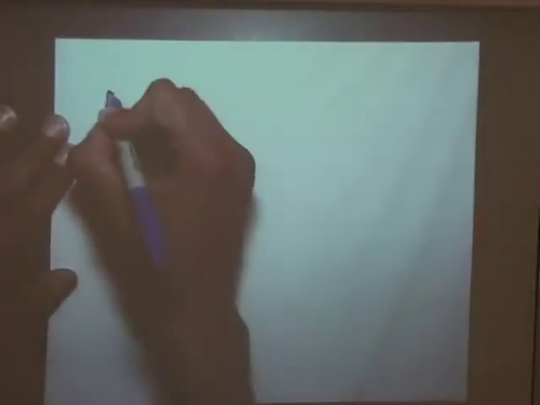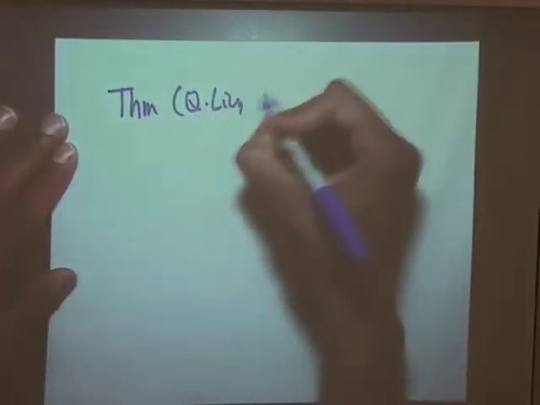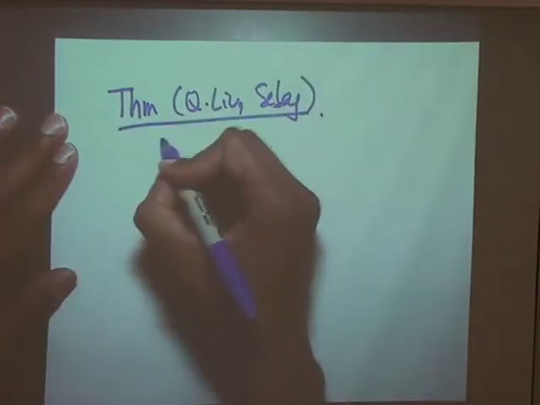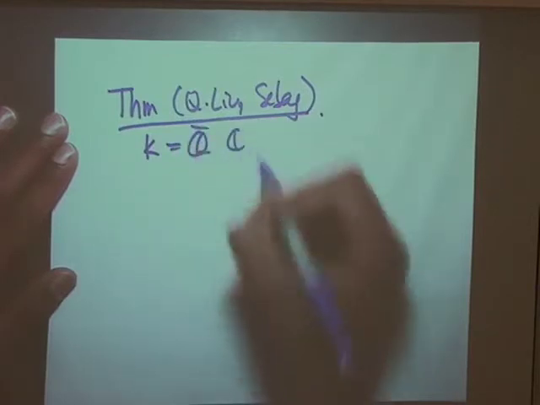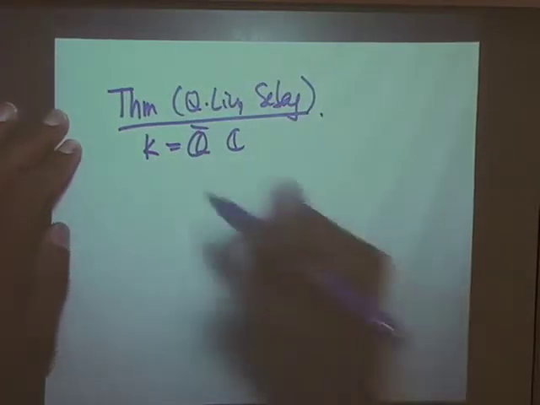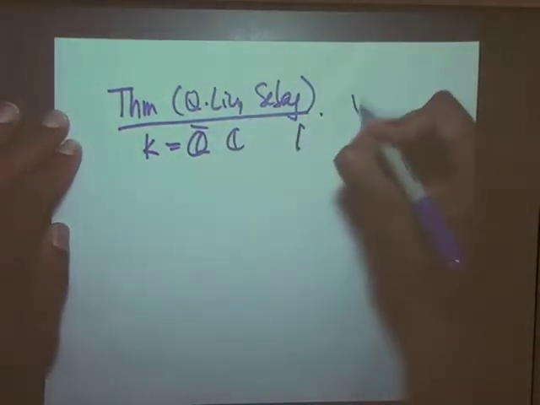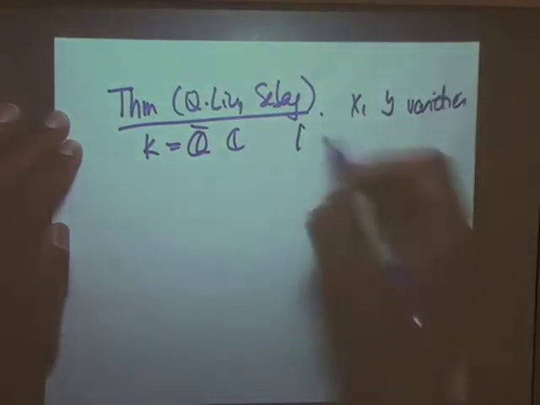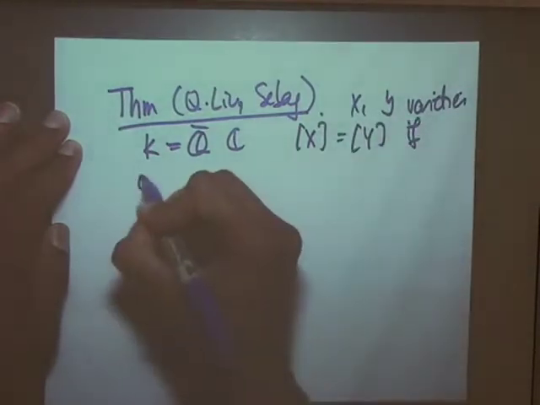And I think to say anything about this is hard. The first really serious thing that was said was the theorem of Qing Liu and Julien Sebag. Which is: if K is algebraically closed, of characteristic 0, so like Q bar or C, and X and Y are varieties, then X equals Y if one of the following holds.